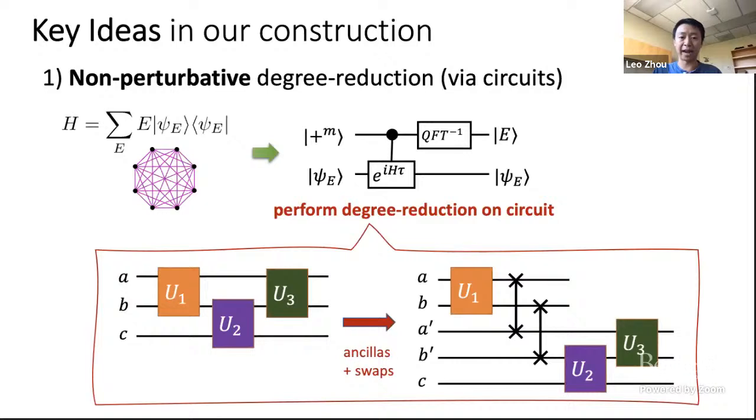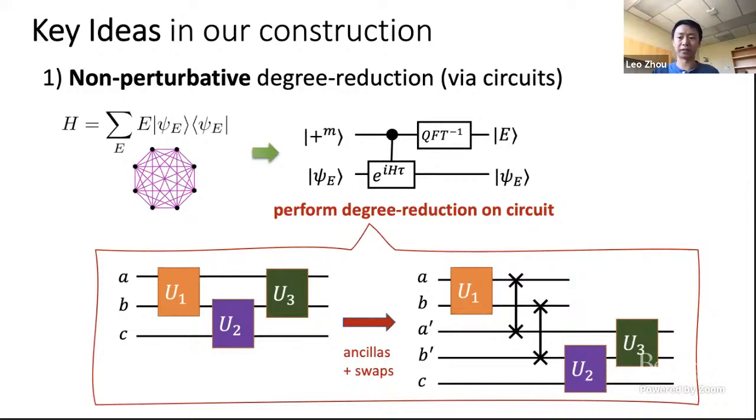By simply adding fresh ancilla qubits after every gate, and then swapping the quantum state of the qubits that were acted on onto the fresh ancilla, we are able to reduce the degree of the qubits A and B since they're never touched after the swap gates. So without much trouble, as you can see, we have reduced the degree very simply using ancilla and swap once we converted the Hamiltonian to a circuit.